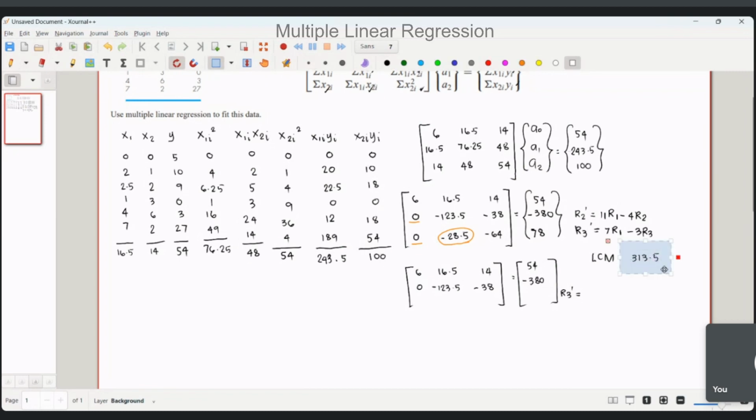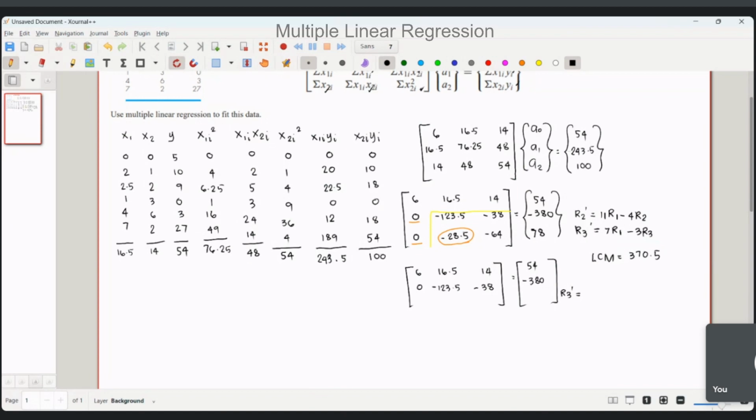So, what is the LCM? So our reference is 370.5. Yes, miss.